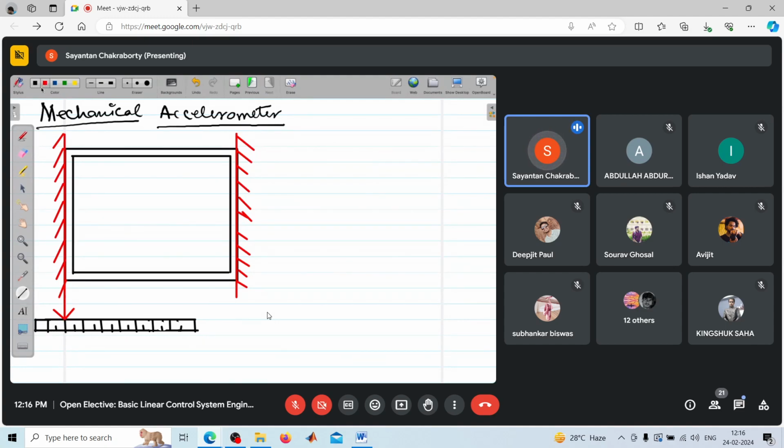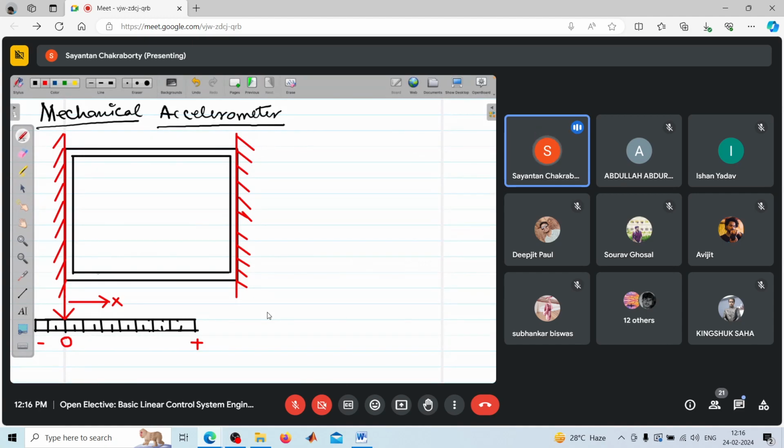So the reference direction for this displacement of the vehicle is this, so x, and this is regarded as the positive side, this is the negative side, and this is your reference point, right? This scale is an inertial frame of reference.